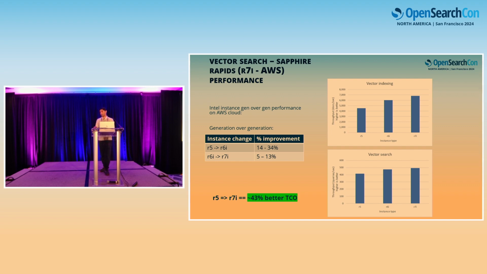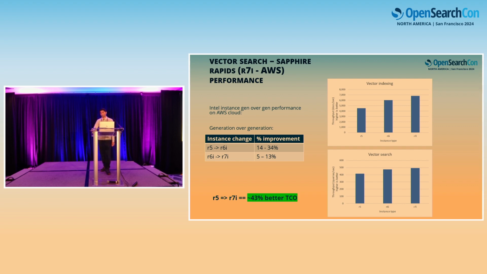I tried to break it down between R5 and R6, and R6 and R7i. R7i is the latest Intel family. Looking at the holistic picture, you can achieve about a 43% TCO improvement going from an R5 machine to R7i, which is Sapphire Rapids today. It's significant to just not do anything, just change your underlying hardware and achieve that gain.